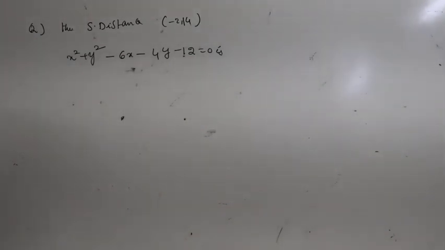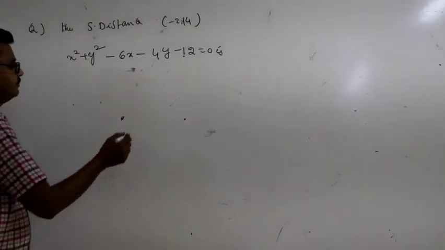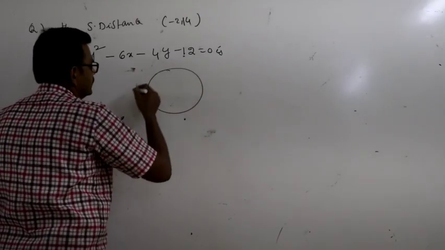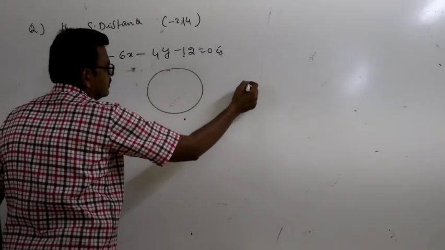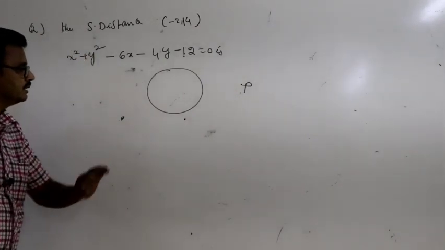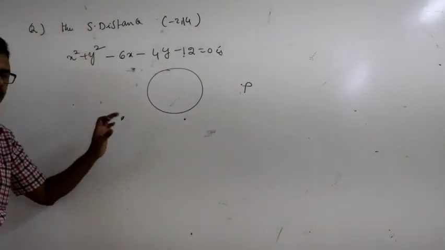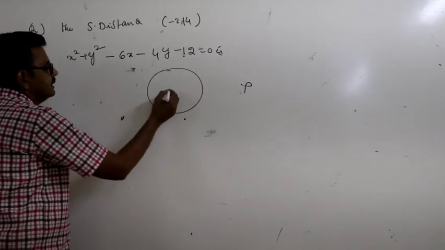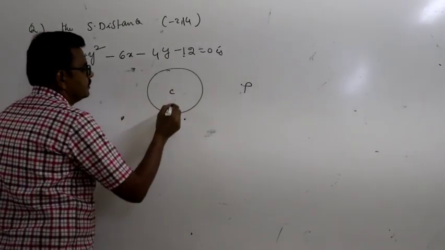Shortest distance. Suppose the point is here, maybe outside the circle, maybe lies inside the circle, that is different. So this is the center of the circle. So this is CP.